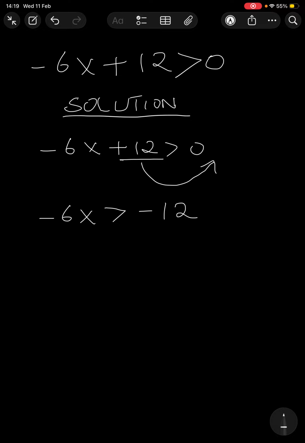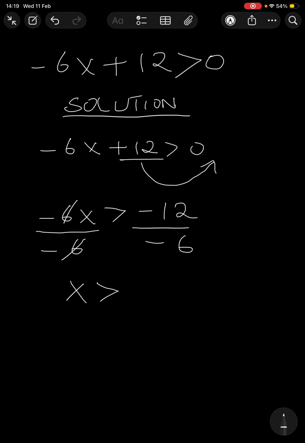Make x the subject. So you divide both sides by negative 6. When you divide both sides by a negative number, I have to change the direction of the inequality sign. So you take negative 12 divided by negative 6.